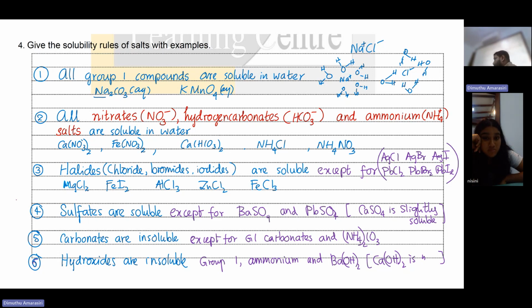Those are the top priority rules. You get it? Now, I am saying iron carbonate. Soluble or insoluble? One rule: carbonates are insoluble except for group 1 and ammonium carbonate.